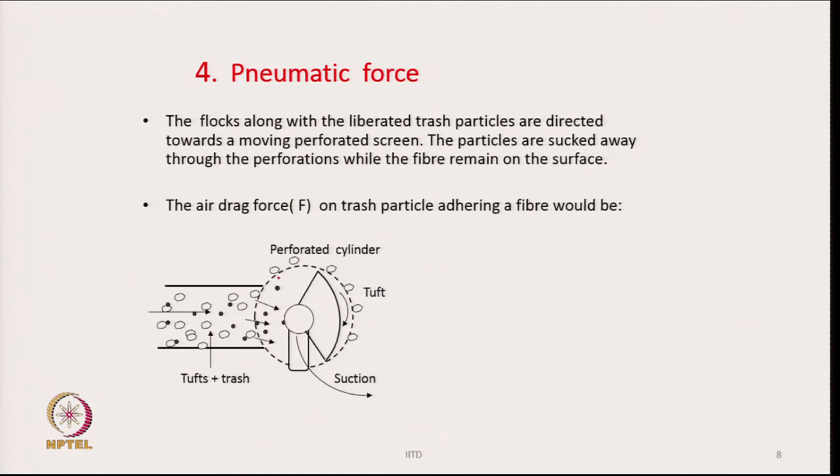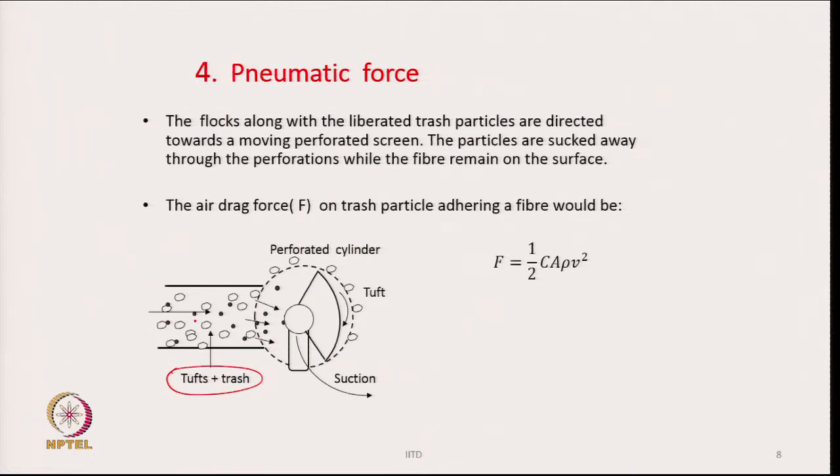In this diagram, this circle that you see is a perforated cylinder, and from the left hand side we are feeding tuft and trash particles. So, a mixture of tufts and trash particles is being fed, and air is being sucked through the perforations of this cylinder as shown in this diagram.